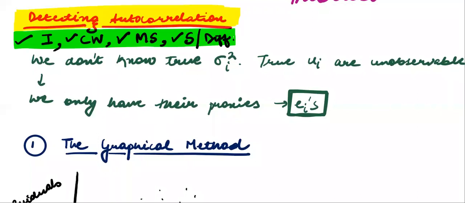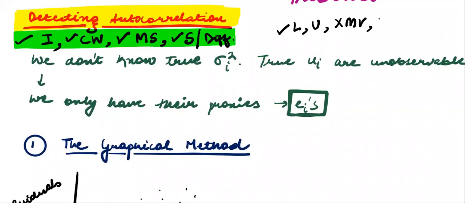At the same time, we have also understood the different consequences of autocorrelation. Although the estimators are linear and unbiased, they no more have the minimum variance.